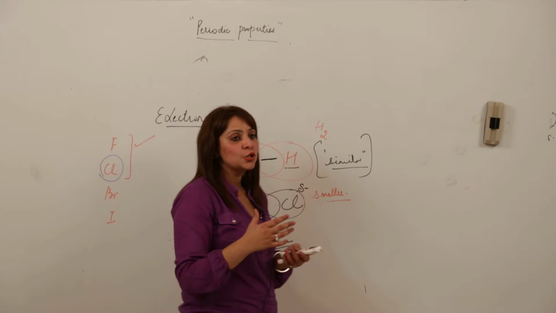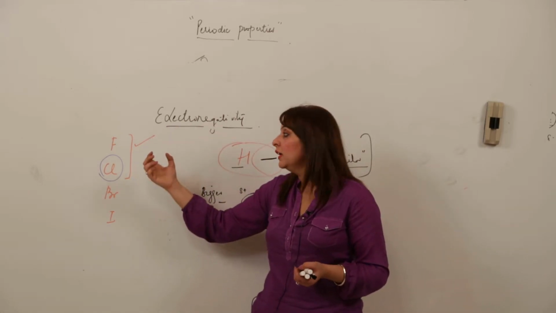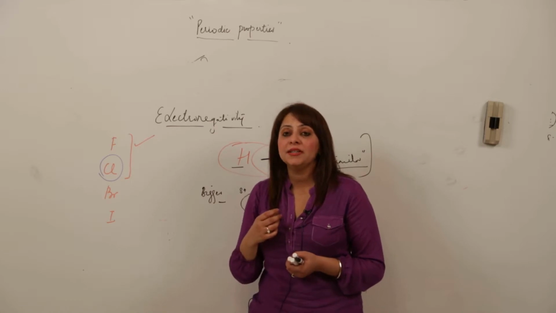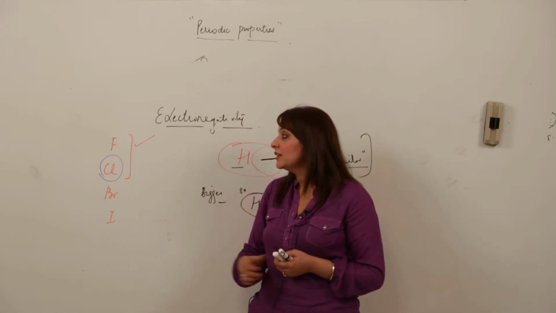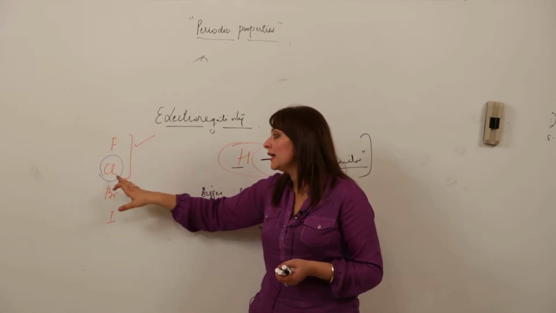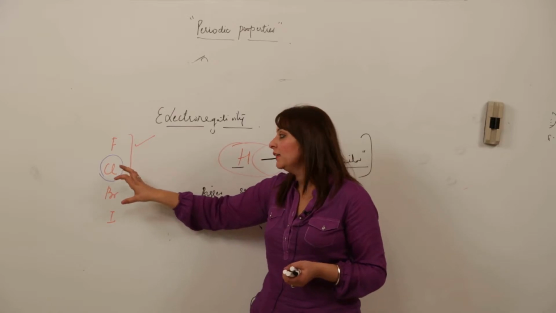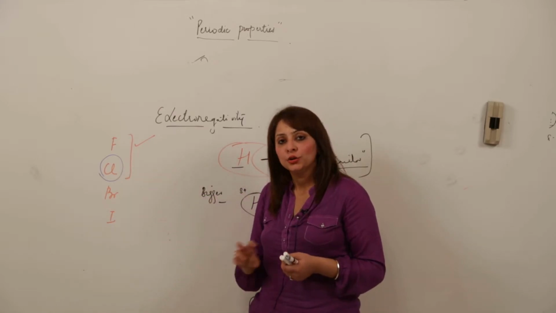Whenever an electron approaches it and gets added, it suffers a lot of repulsions. So its electron affinity, unexpectedly, is low as compared to chlorine, because chlorine is slightly bigger in size and the repulsions between the electrons are not too high.